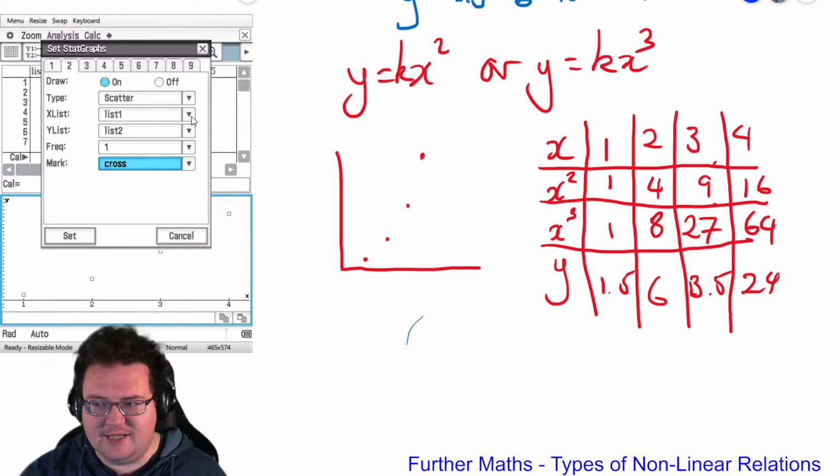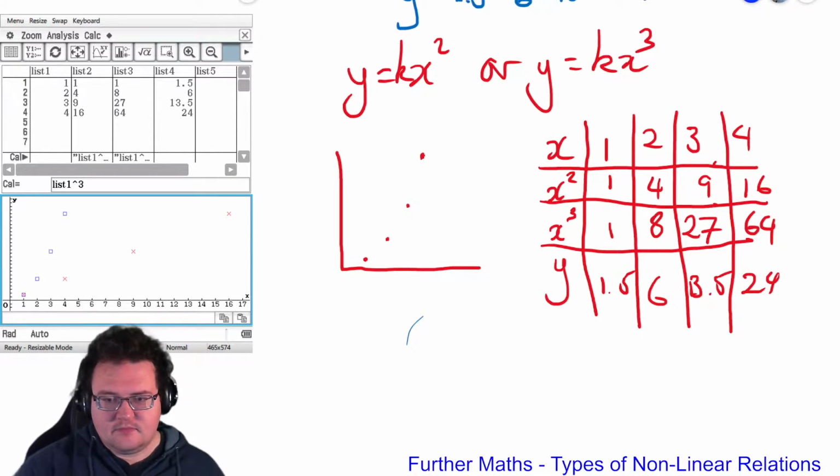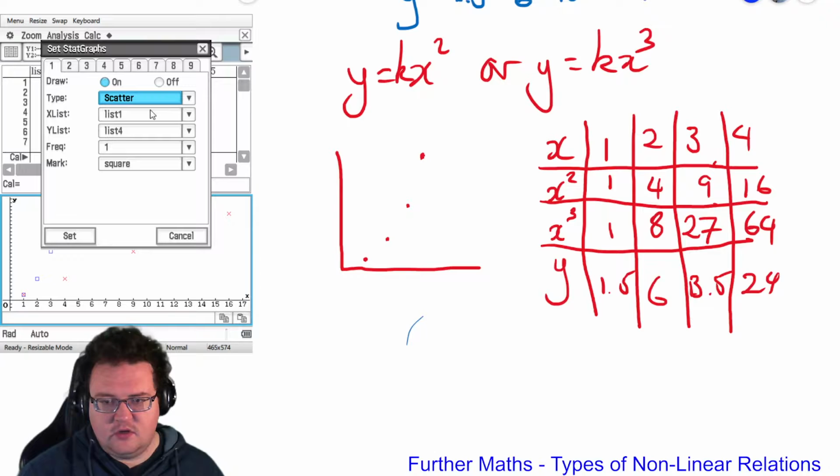I'm going to compare list 2 to list 4. And then I'm going to plot a third set of data on there. I'm going to compare list 3 to list 4. I'll go large dot.